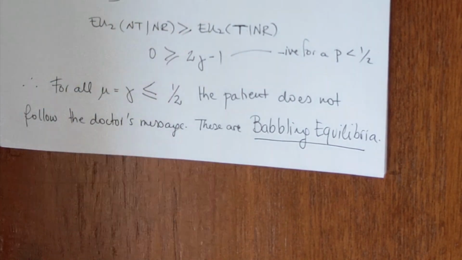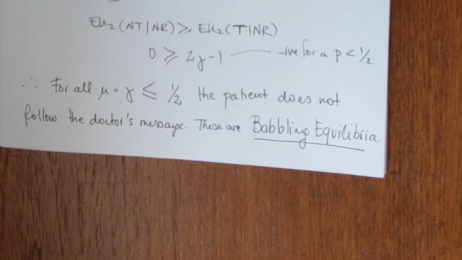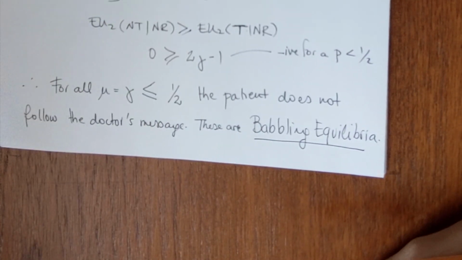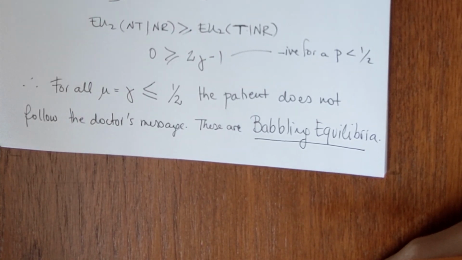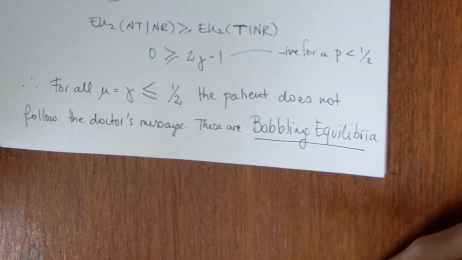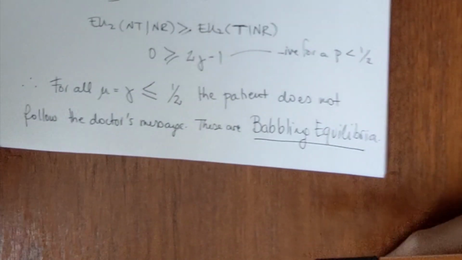The doctor is babbling nonsense. This is not always the case, but I'm just showing you an environment in which it can be possible. What this means formally is that every cheap talk game has at least one babbling or pooling equilibrium. Okay, so babbling is simply another word for pooling.